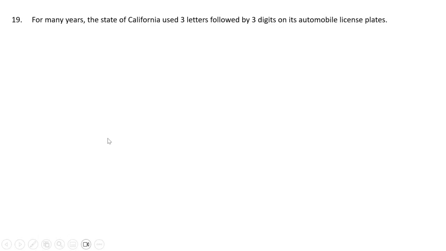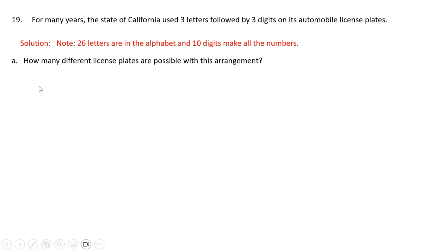Number 19. Okay. This is the various ways of counting. I believe this is from chapter 9. For many years, the state of California used 3 letters followed by 3 digits on its automobile license plates. So how many different license plates are possible with this arrangement, right? So let's do this.